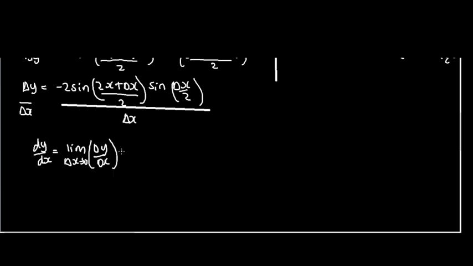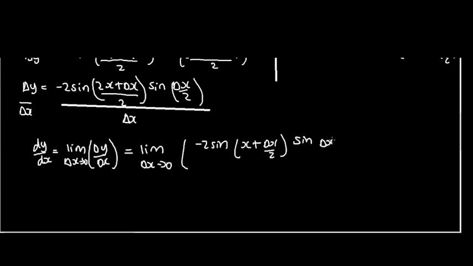So we shall have the limit as the change in x approaches 0 of negative 2 sine. This is 2x plus change in x over 2, which is the same as x plus change in x over 2, then sine change in x over 2, the whole of this expression divided by the change in x.